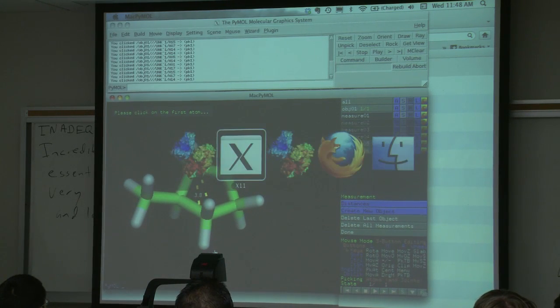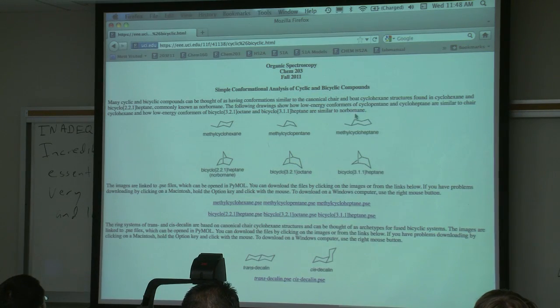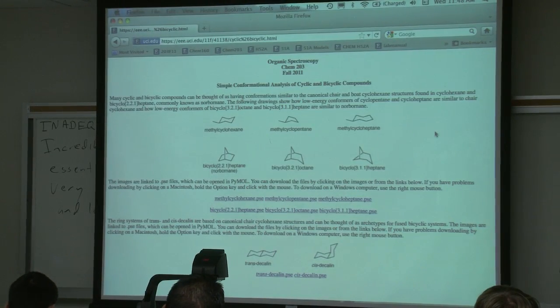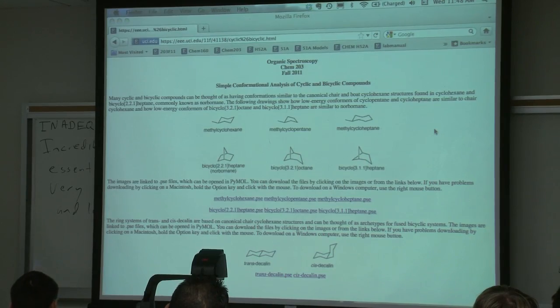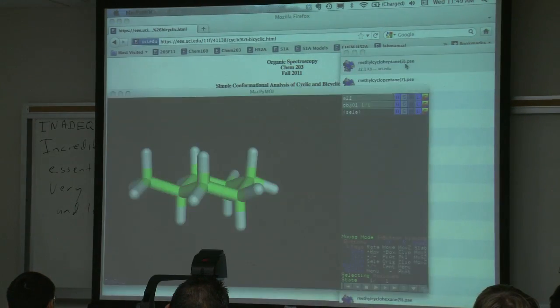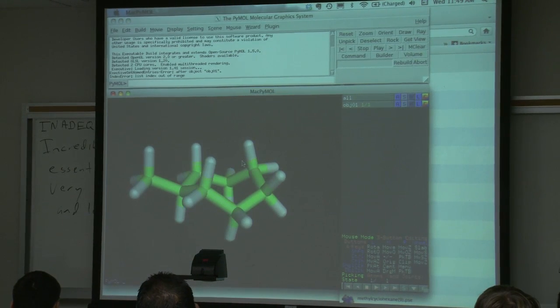All right, I want to show you at this point a 7-membered ring. 7-membered rings, as I said, can have different conformations, but often you're going to find a conformation that's very similar to this canonical cyclohexane.